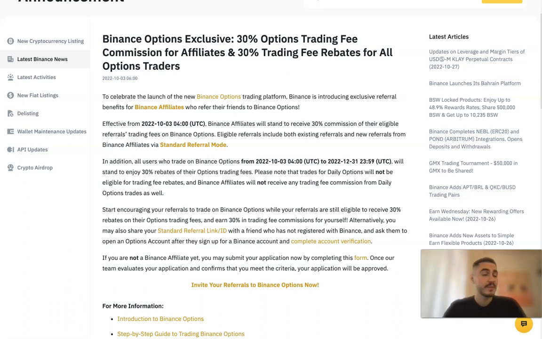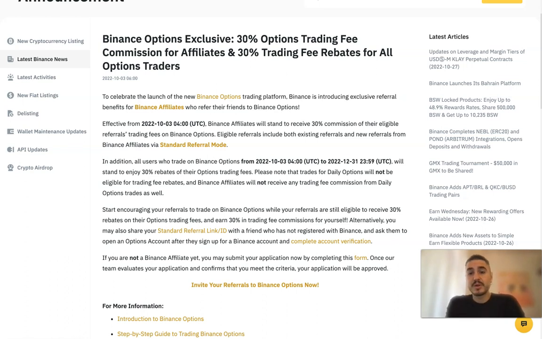It is available since November to December this year, and all users who trade on Binance Options during this period will stand to enjoy 30% rebate of their options trading fees.